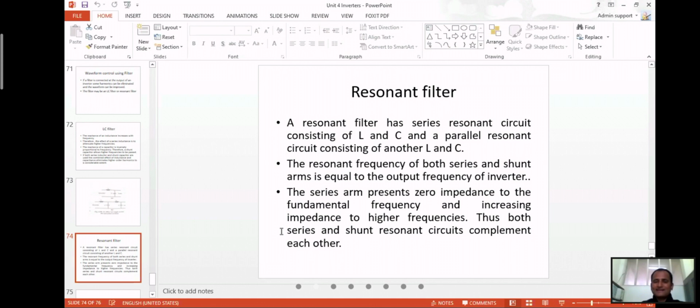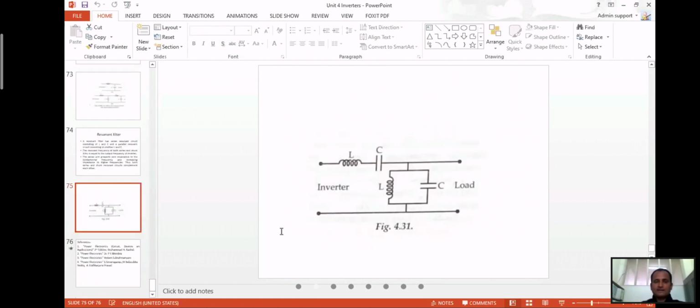Please remember that, and it will also increase the impedance to the higher frequency. The combination of both the series and shunt resonance circuits will try to complement each other at the resonant frequency. So this is the resonant frequency.